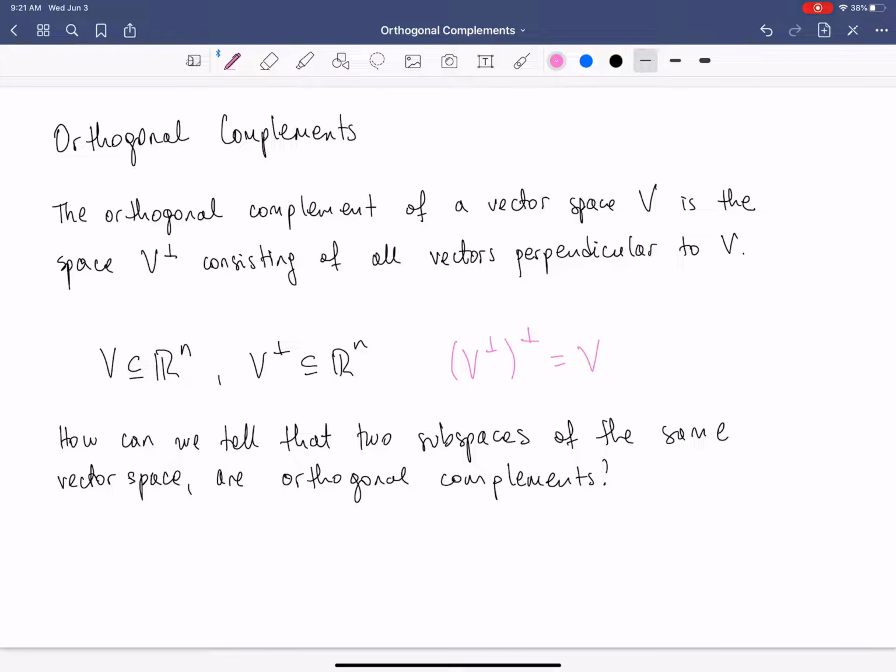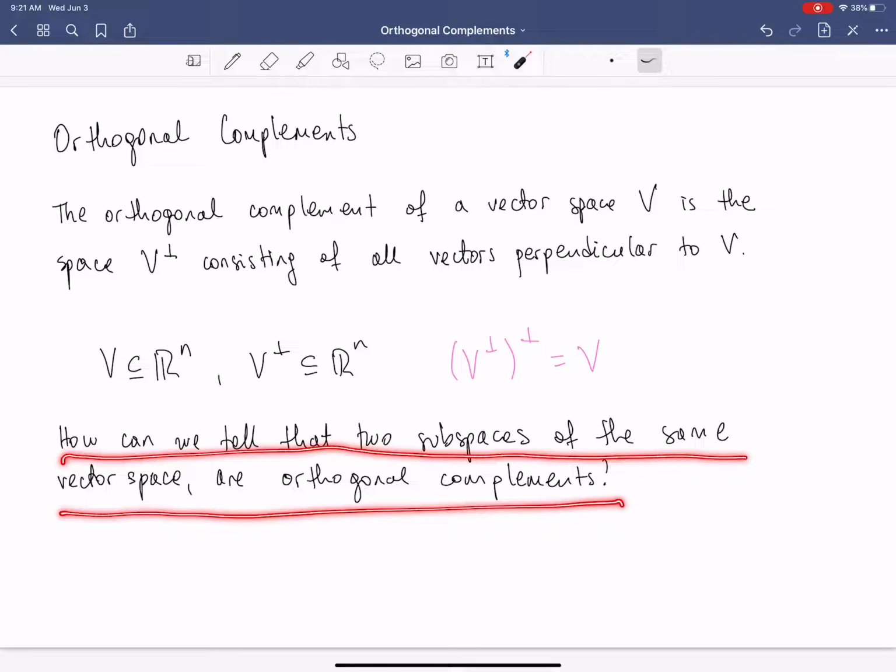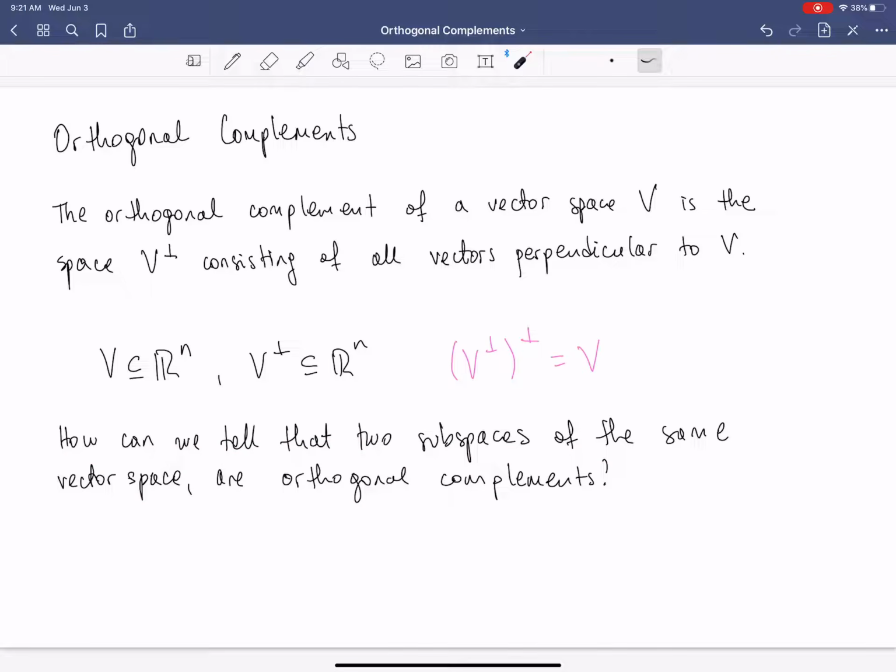Okay, so let's answer this question. How can we tell that two subspaces of the same vector space are orthogonal complements? Well, two things. First, the two subspaces need to be orthogonal.